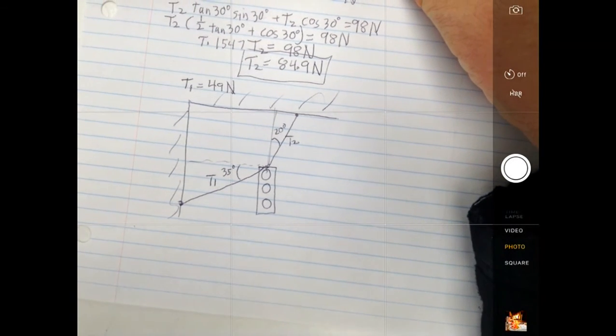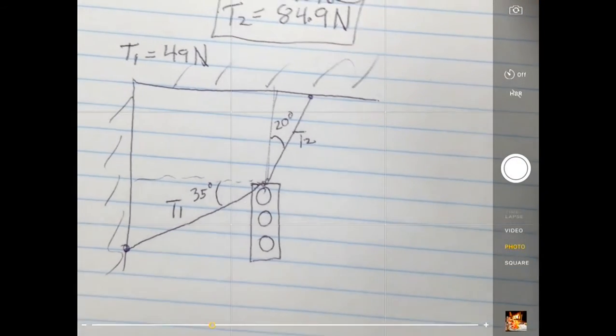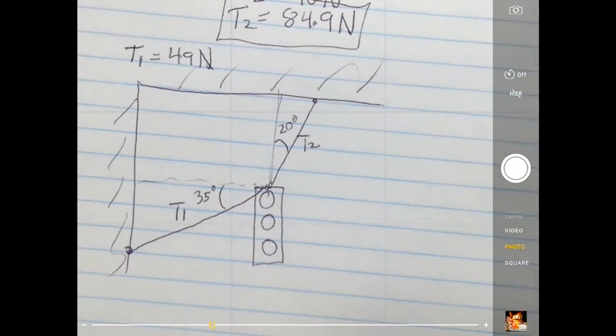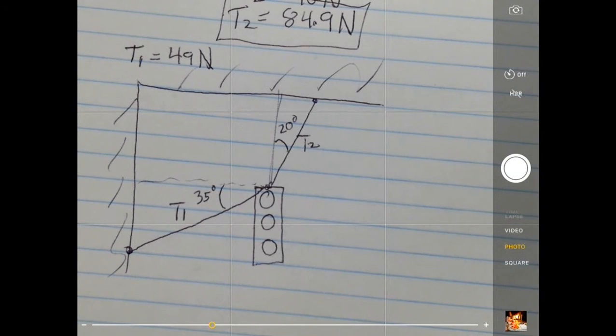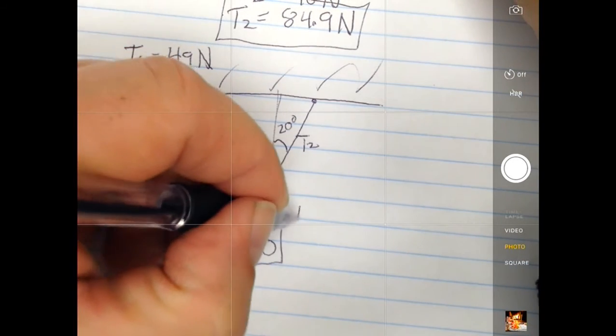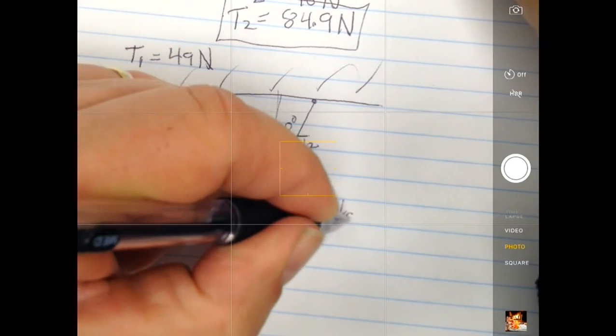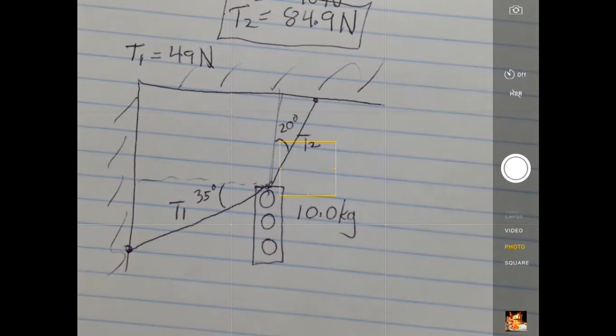Solve for tension one, solve for tension two. Let's make the mass 10 kilograms again, just so you're kind of familiar with the math.